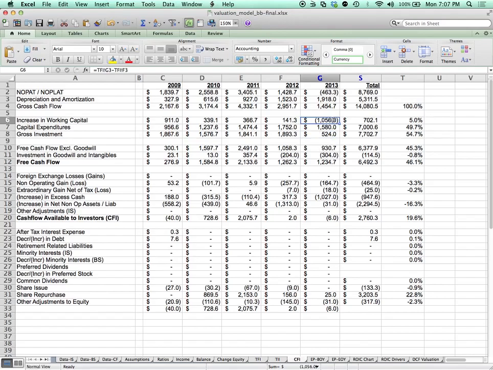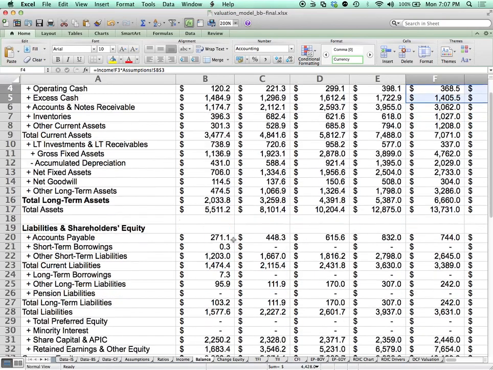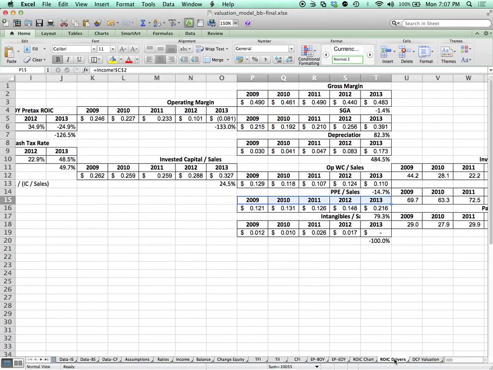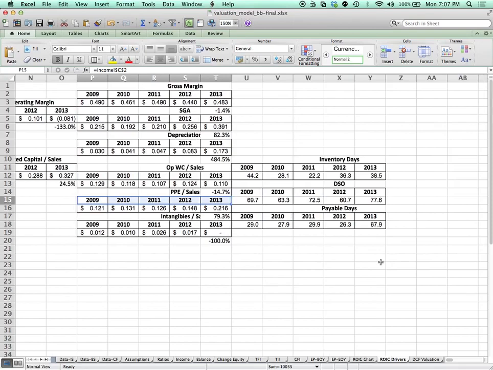When we did a little more digging, we could also see the way they actually did this, and I'll show you this in days. Inventory days went from 36 to 38, which means they have more inventory than when they started. That doesn't help working capital. DSO, which is collection from customers, went from 61 to 78.